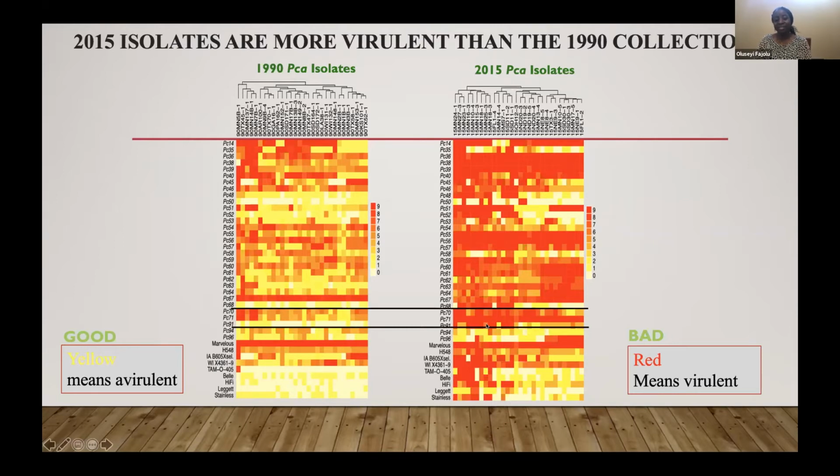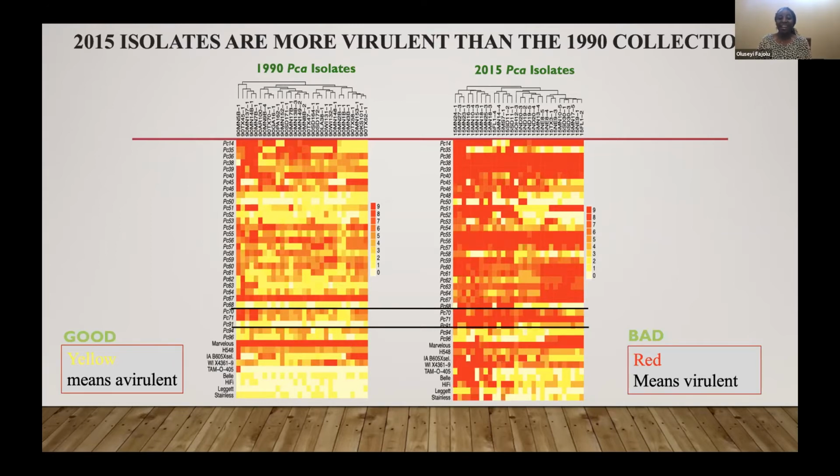Similar to the PC68 gene and a few other genes, it is obvious that the recent isolates have defeated most of the resistance genes in the oat lines.